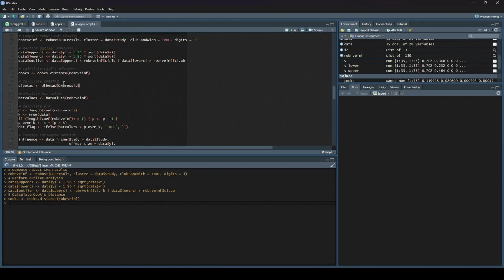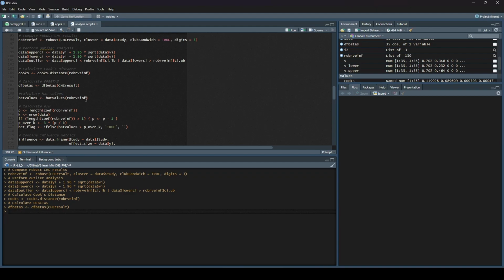Okay, so the first thing we're going to do is calculate df betas. We do that by using the dfbetas function. Something that I want to point out is that we're using the correlated and hierarchical effects result here, not the robust result. The other thing I want to mention is I have seen people say that we should instead be looking for outliers and influence in that working model, the correlated and hierarchical effects model, rather than the robust model.